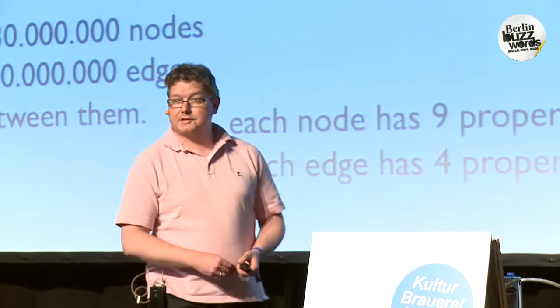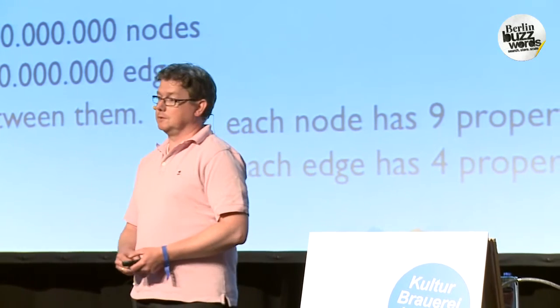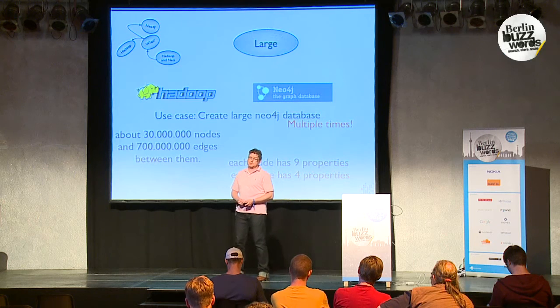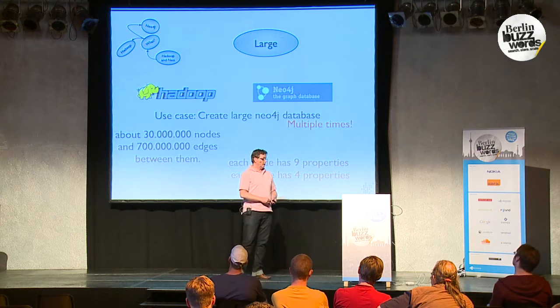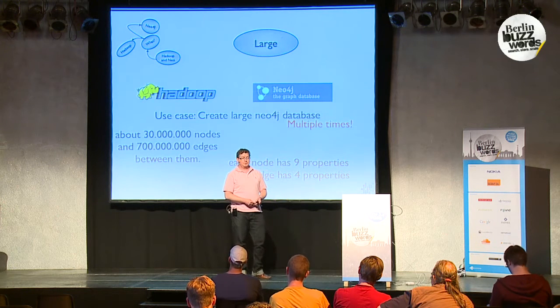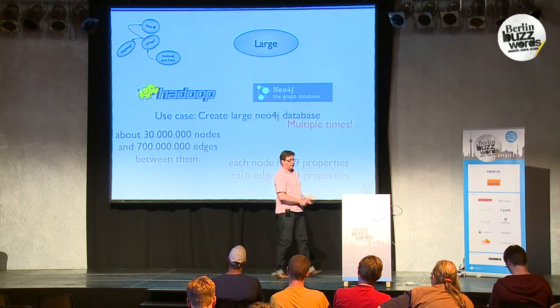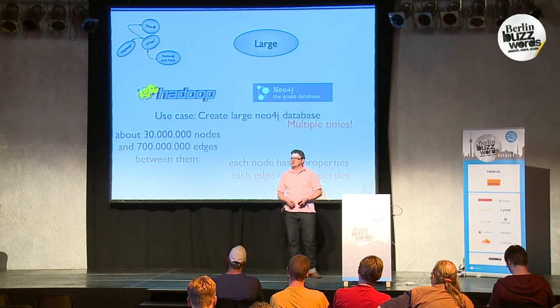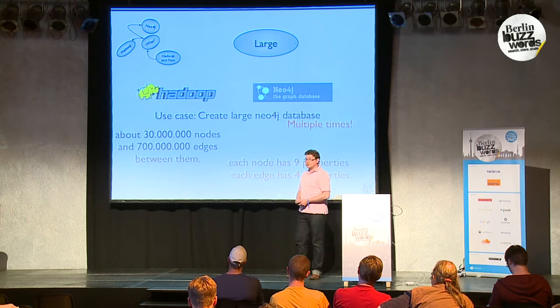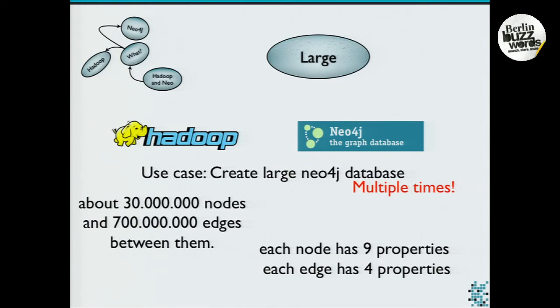The test setup we worked with was a Neo4j database with 30 million nodes and 700 million edges between them. Nodes had nine properties, and each edge 4 properties, and that all was stored in Neo4j for querying.